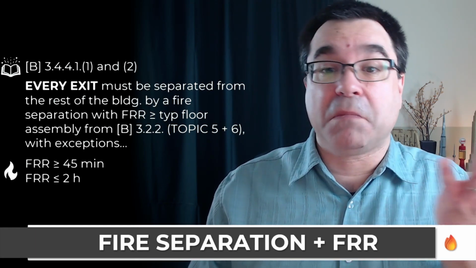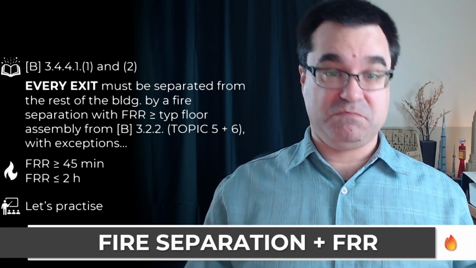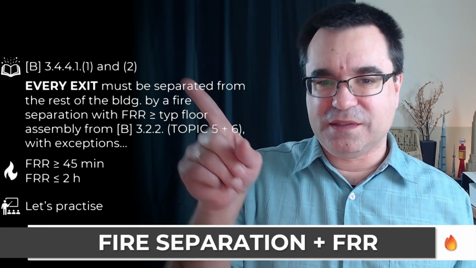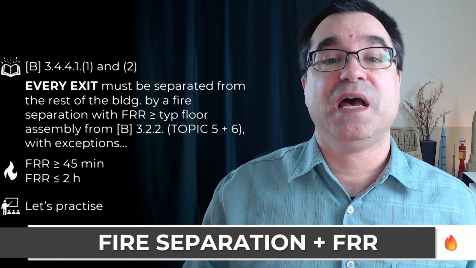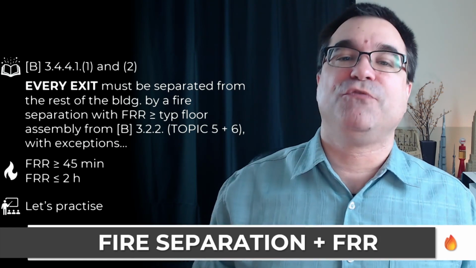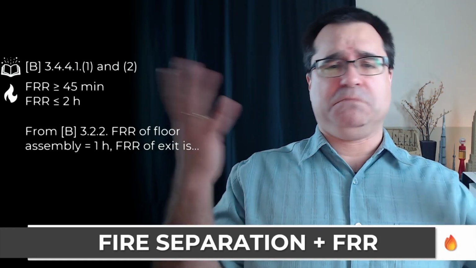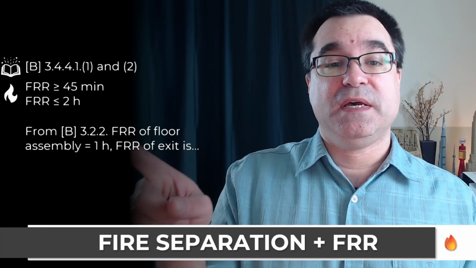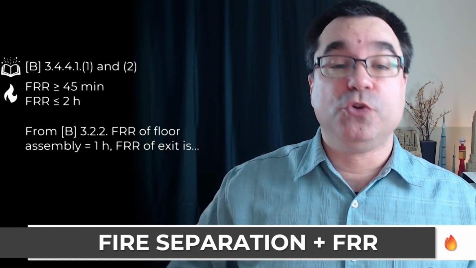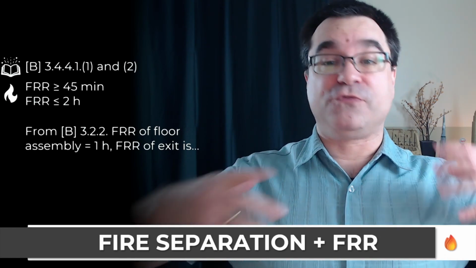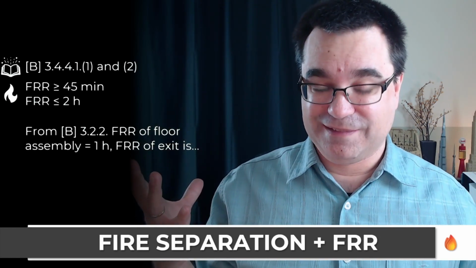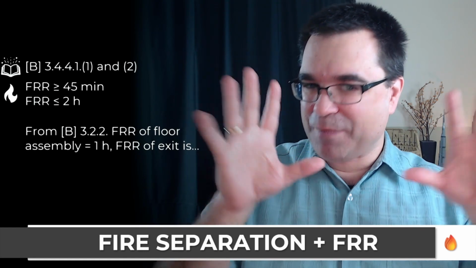So I figured, how about we practice that and just get comfortable with what this portion of the building code says about the mandatory fire resistance ratings of exits, okay? So let's say that according to subsection 3.2.2, we found that for whatever building we're analyzing, according to topic 5 and 6, remember that?